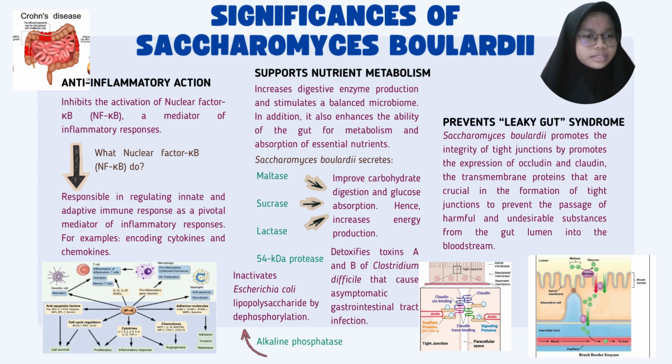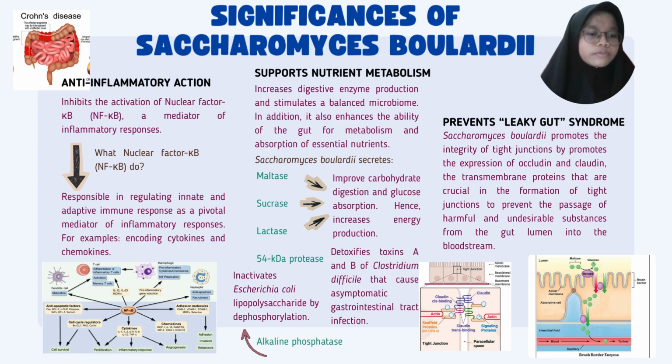They are maltase, sucrase, lactase, 54-kDa protease, and alkaline phosphatase. We all know that maltase, sucrase, and lactase are enzymes that digest disaccharides. So maltase, sucrase, and lactase improve carbohydrate digestion and glucose absorption. This increases energy production, as we all know that glucose is the main substrate for cellular respiration to produce energy in ATP.